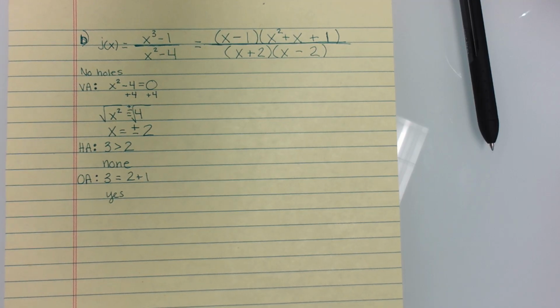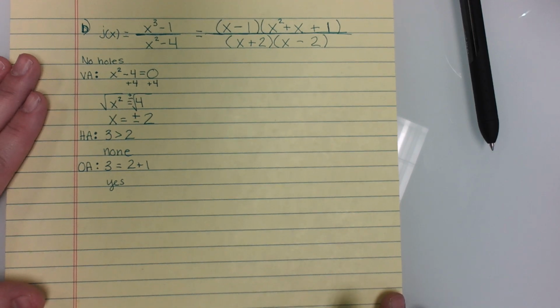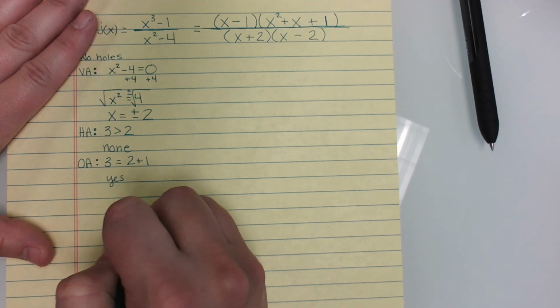To find it, we do polynomial long division. Synthetic, if we can, do it. Can I divide using synthetic division when my denominator is x squared minus 4? No. It has to be both degree 1 and leading coefficient 1. That's degree 2. So I have to do full-on long division.